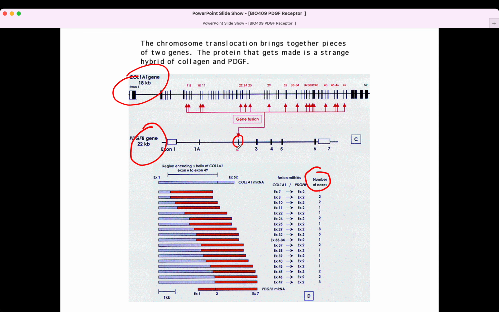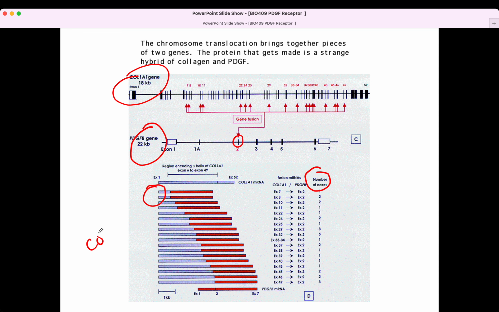And it actually is a little bit different of a translocation than we've talked about so far, because the protein product that gets made is actually partly collagen. So this shows the protein product.